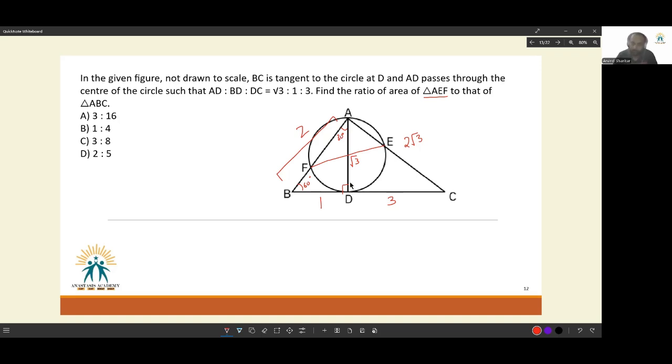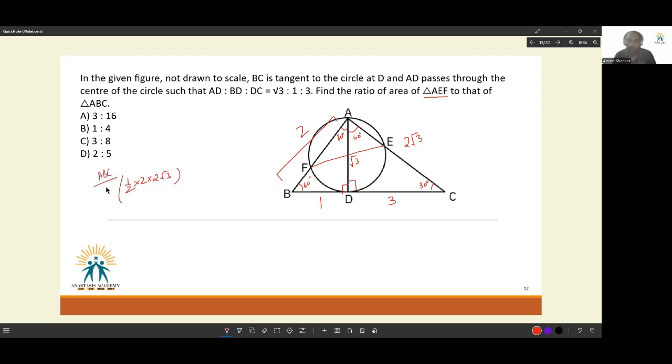Then this is 90 degree. This is 30 degree. And this will be 60 degree because of the ratio of the sides being 1 is to root 3 is to 2. So triangle ABC, 90 degree, 60 degree, 30 degree. Area of triangle ABC will be half into 2 into 2 root 3. This is guaranteed. Area of ABC.